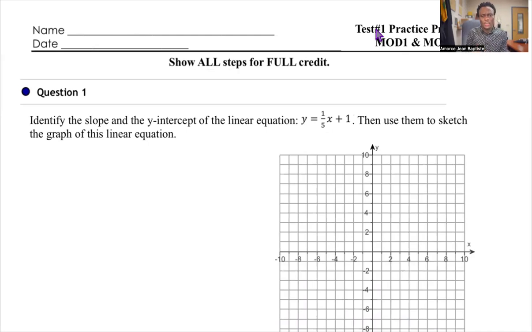So first of all, you know that's a linear equation because the exponents are 1 for all variables, and the variables only have a coefficient that is constant. So that explains why this is a linear function, linear equation.